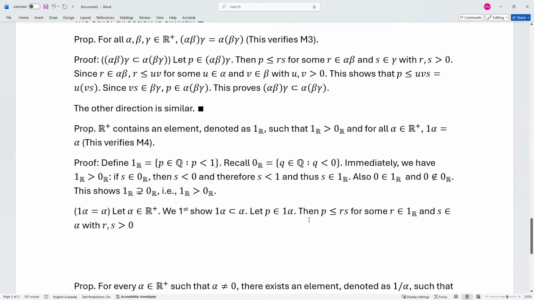Now, since R is in 1R, it is less than 1.